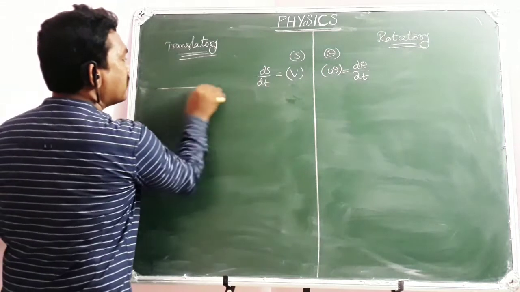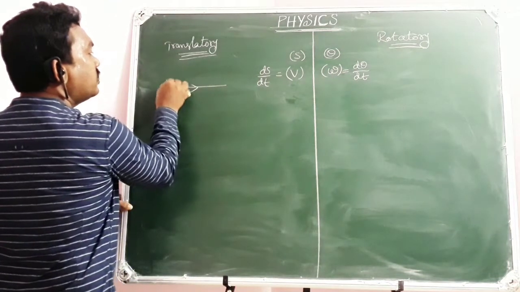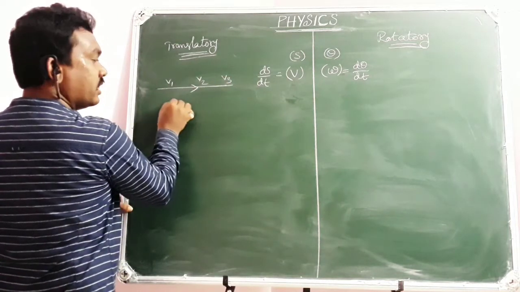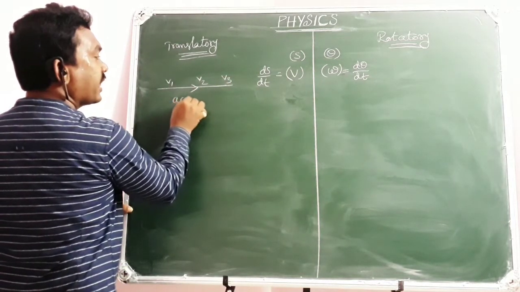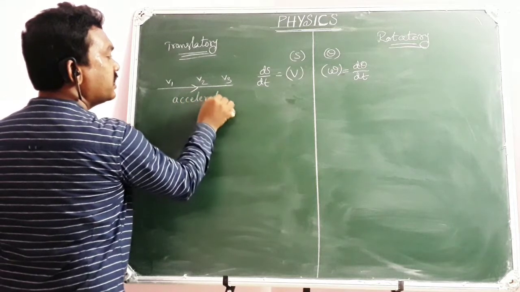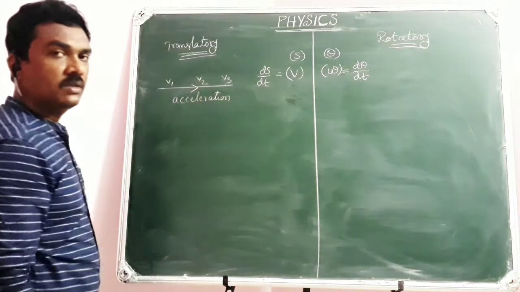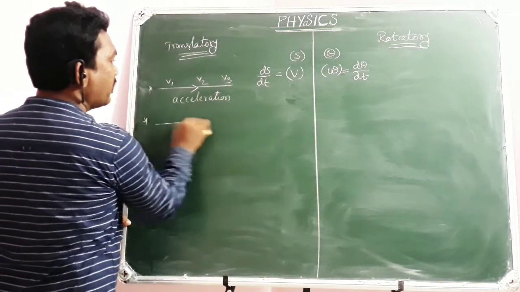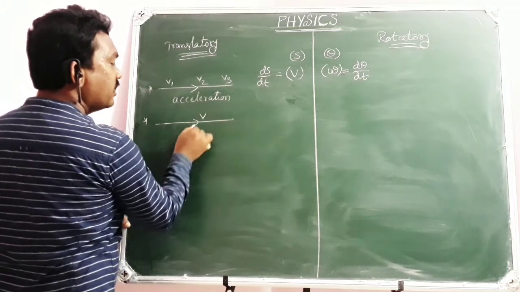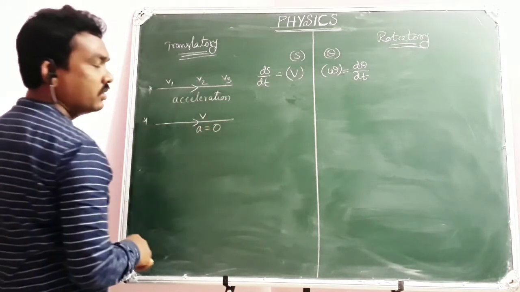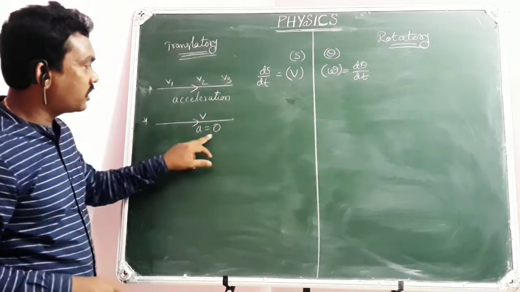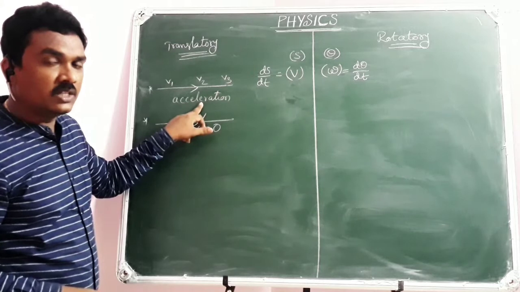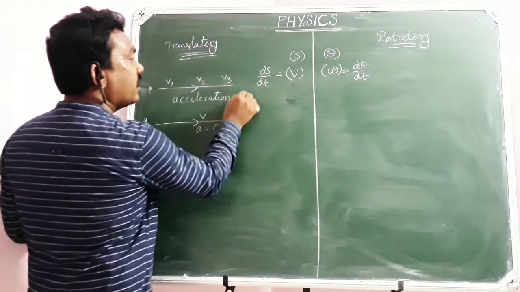When the particle is in translatory motion, if there is a change in velocity from time to time, then we do say the particle can have acceleration, accelerated motion. If the particle is moving with constant velocity along a straight line with constant speed, then here acceleration equals 0. This is uniform motion with acceleration 0. But here the velocity is going to change, then we do say it is moving with acceleration where a is not equal to 0.